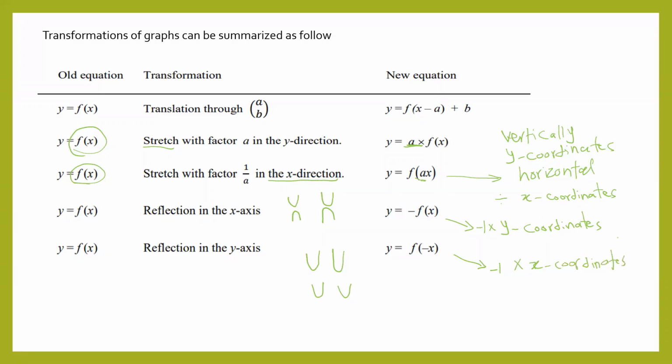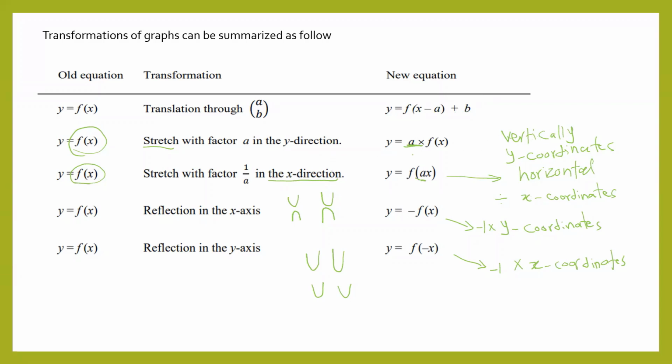So briefly again, the translation of the function will be in this form. If there is something added or subtracted to the x inside the function notation, it means it has been translated horizontally. So we just change the sign of what's inside here. And what's outside, this is vertical translation, but you will not change it, you'll just keep it as it is. So here, this is A and B. Regarding the stretch, we have two types, a stretch vertically and a stretch horizontally.